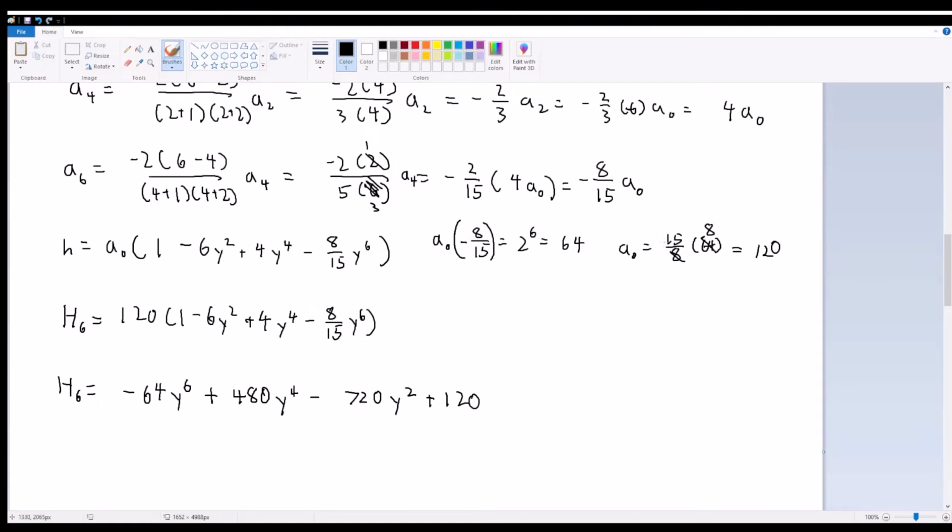So a naught has to equal negative 120, not positive. So all of these signs have to be reversed. So this is going to be a negative, that's going to be a positive, and this is going to be a negative. So let's just fix that real quick. Minus, plus, minus. And that's the actual Hermite polynomial according to the given convention.